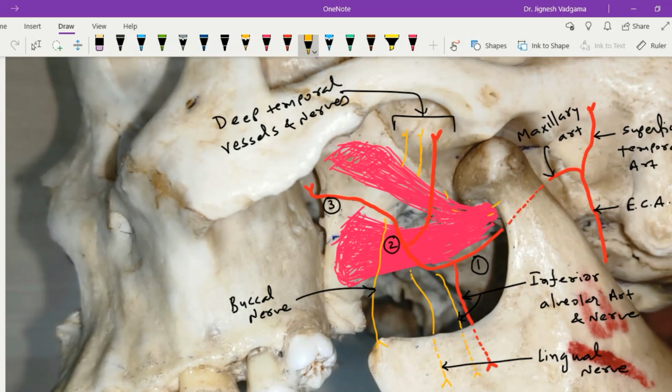The masseteric nerve also comes out from the upper border of this muscle to supply the deep surface of the masseter muscle. So all these are the important relations of the lateral pterygoid muscle.